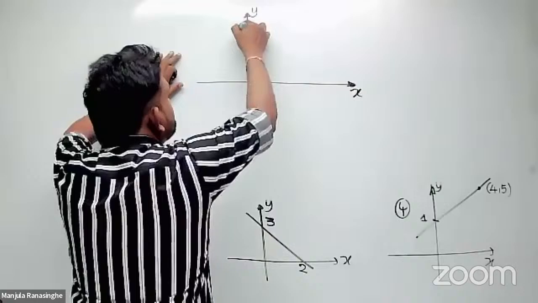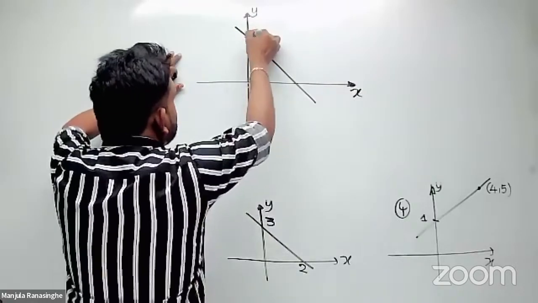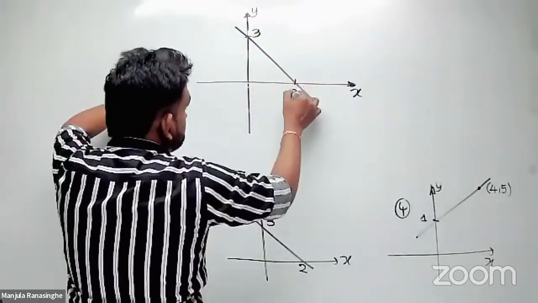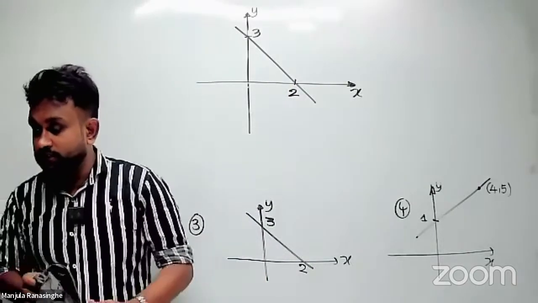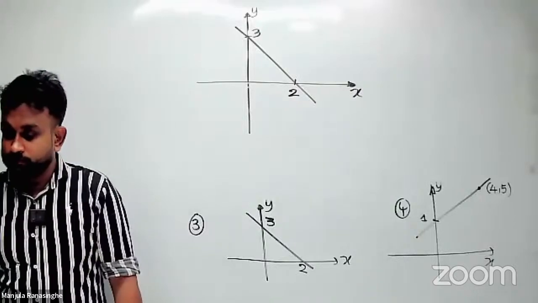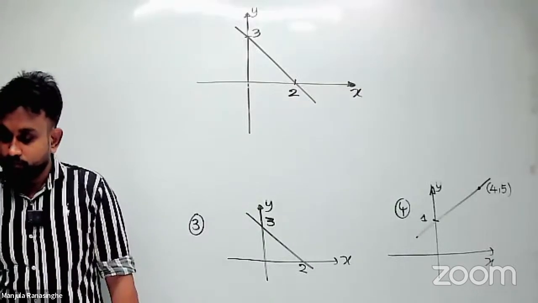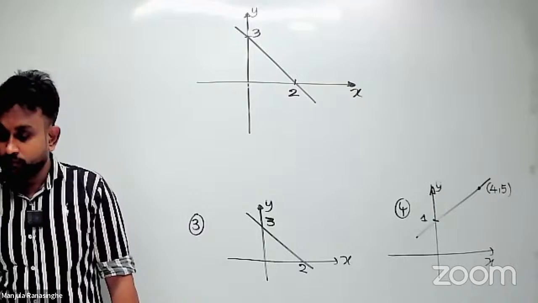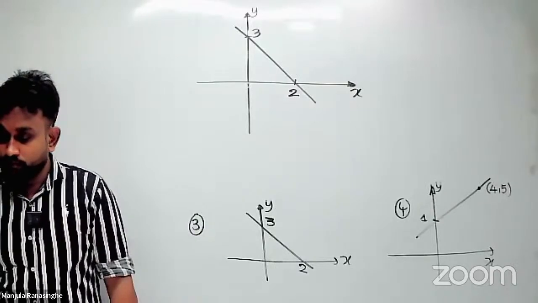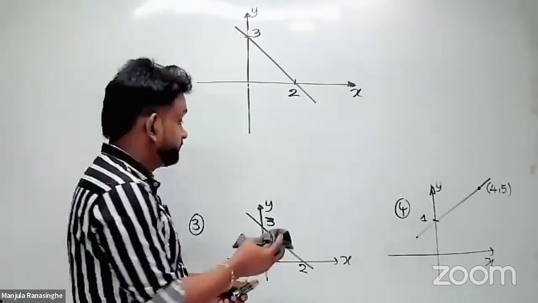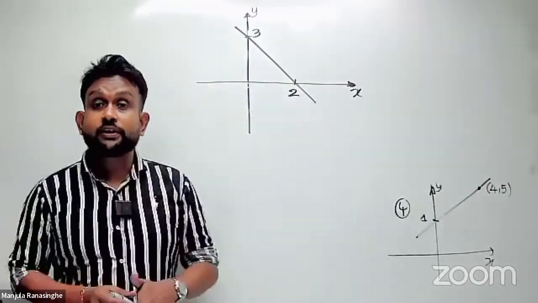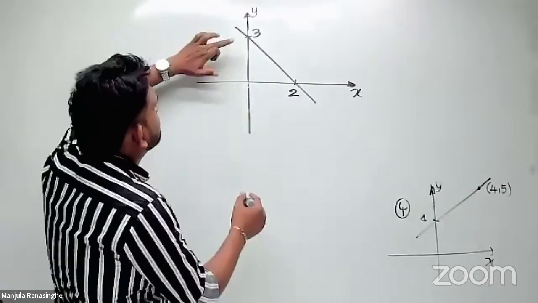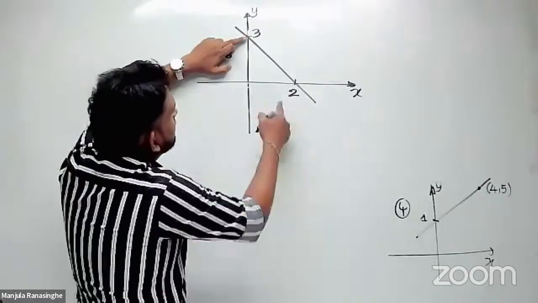Right. So here it is given 3 and here it is given 2. Okay. Now we converted as 2 points. How you do it? See there, here 3, here 2.